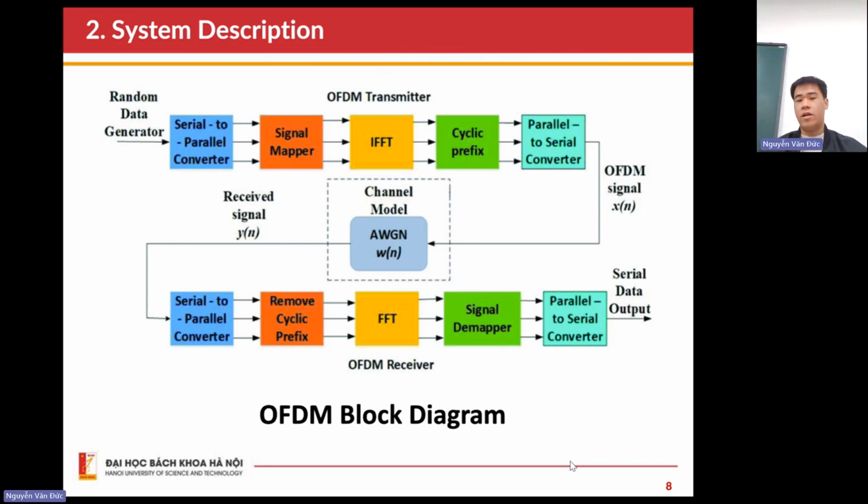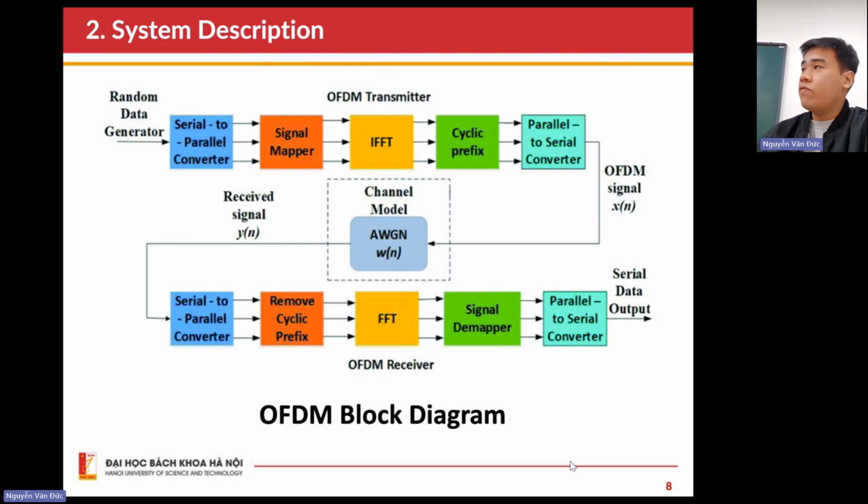We convert the serial to parallel, then put it into the signal mapper, using a kind of modulation like BPSK or M-QAM.